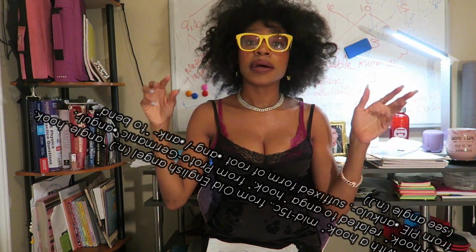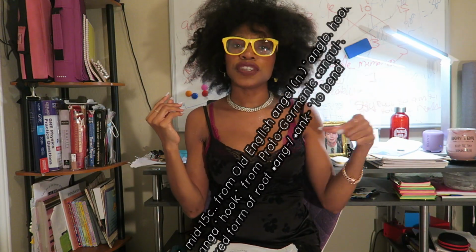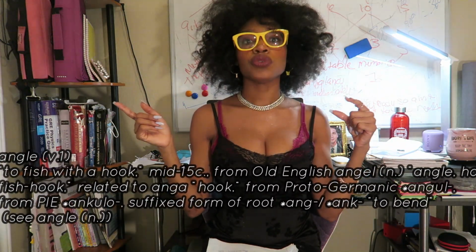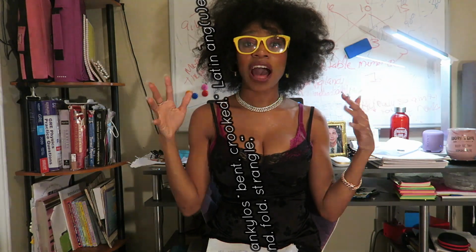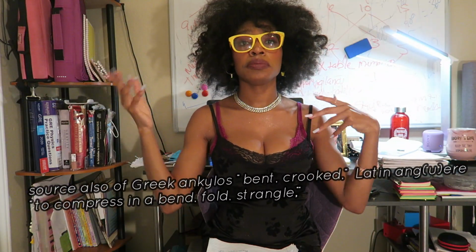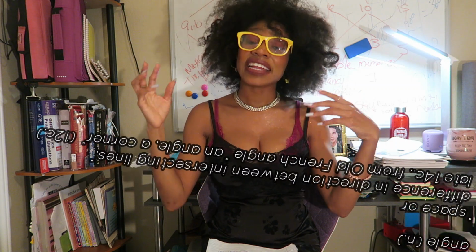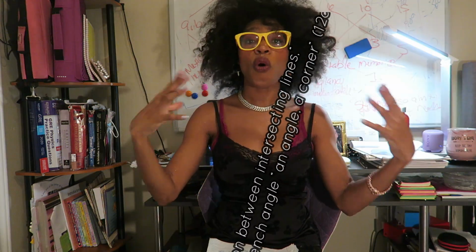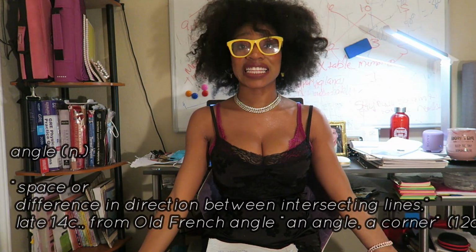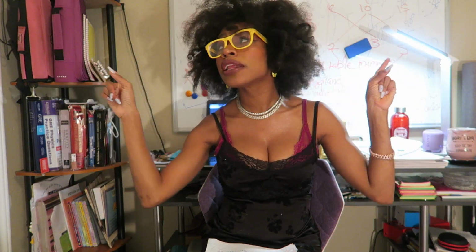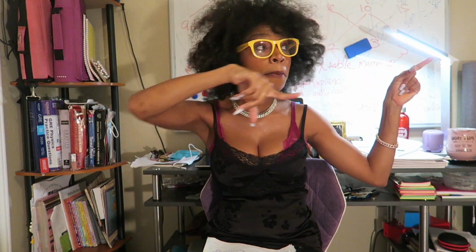Now the etymology of the word Anglo means angle, to fish with a hook, related to anglu, hack, and the PIE root anklu, meaning to bend, sharing the same root with the word angle, a noun meaning space or difference between intersecting lines, the point or direction one approaches something.